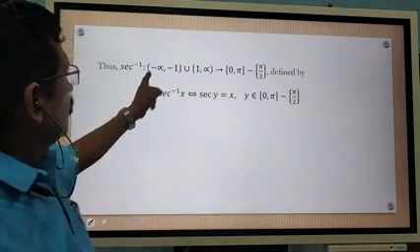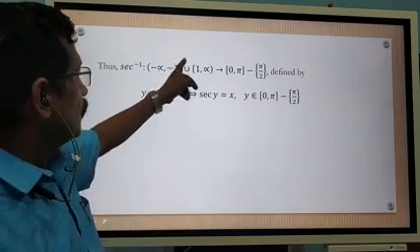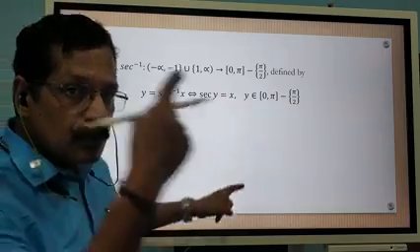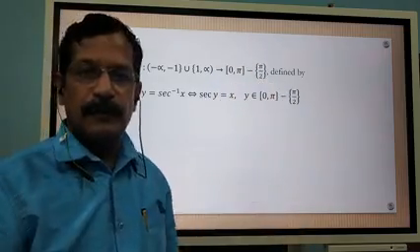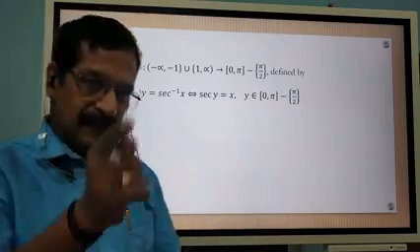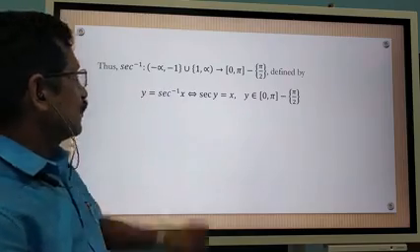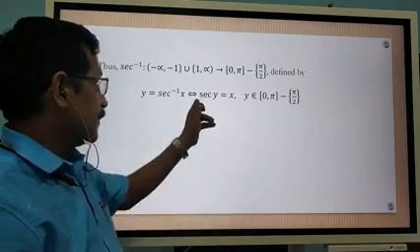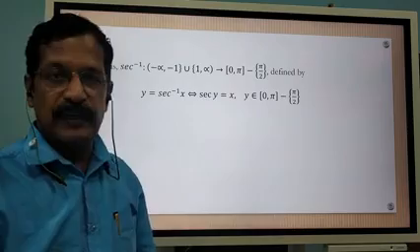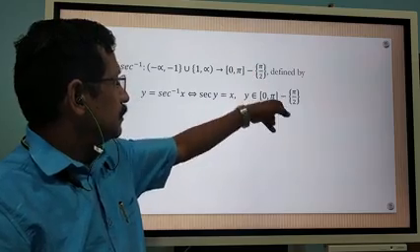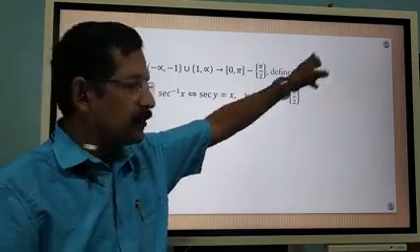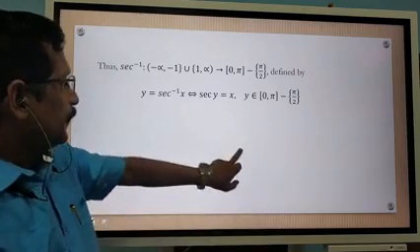So sec inverse is from minus infinity to minus 1 union 1 to infinity, to the closed interval 0 to pi minus the singleton set pi by 2, defined by y equal to sec inverse of x, which implies and is implied by sec y equal to x, where y is an element of the range, 0 to pi minus singleton pi by 2.